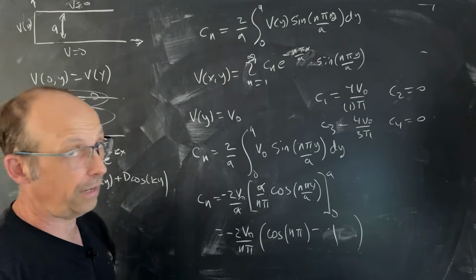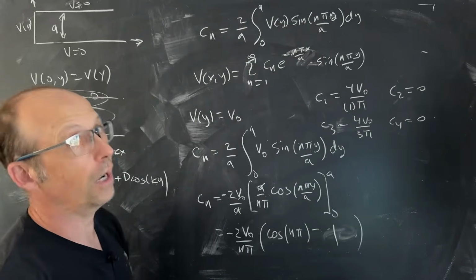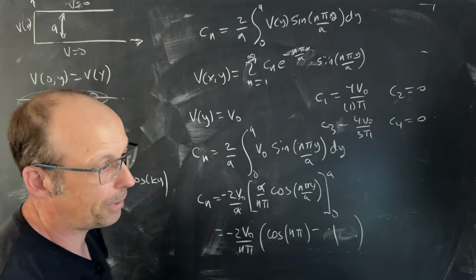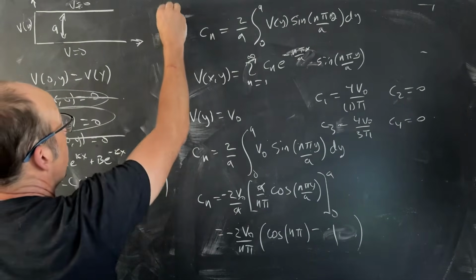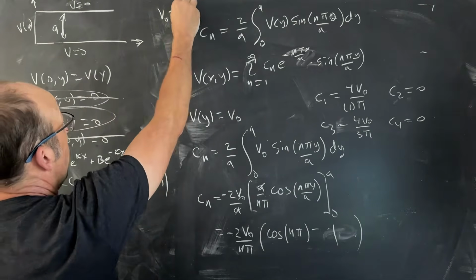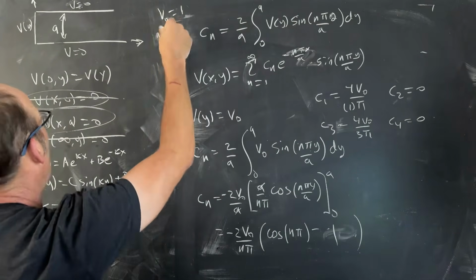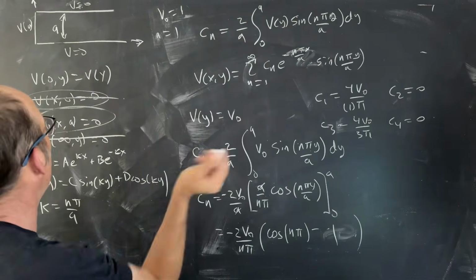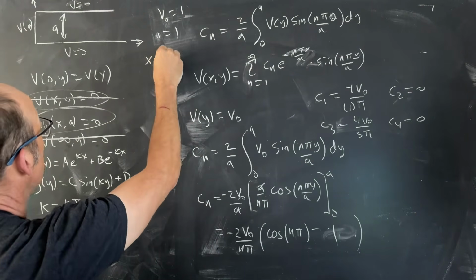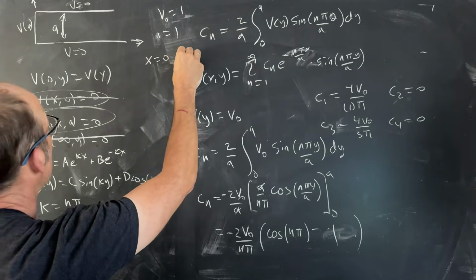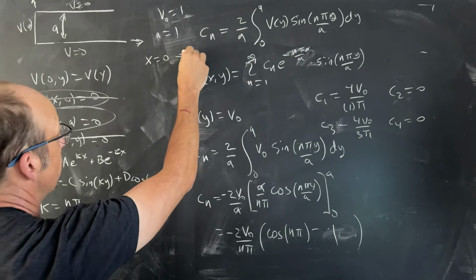Of course, I'm going to have to make a 3D plot. I'm actually going to do a contour plot because I like that a lot better. I'm going to need some values. So let's say V0 is equal to 1, a is equal to 1, and we're going to go from x equals 0 to 1.